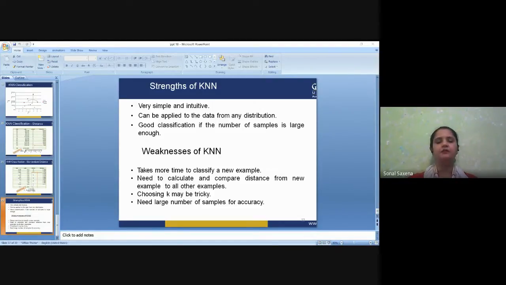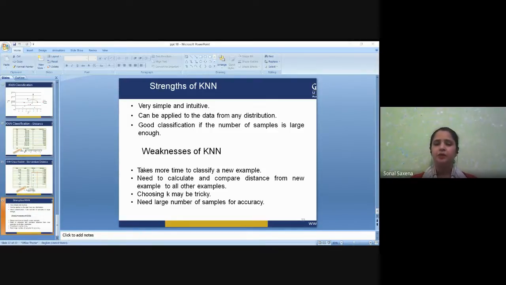We have seen the working of the KNN algorithm, which I can now summarize with the help of steps. Step one: we need to first select the number k of neighbors. Step two: calculate the Euclidean distance of the k number of neighbors.